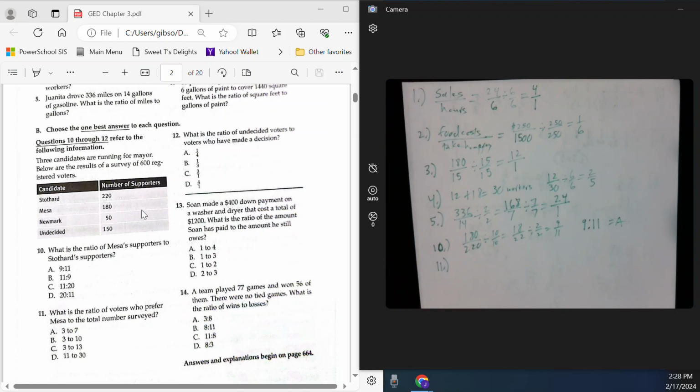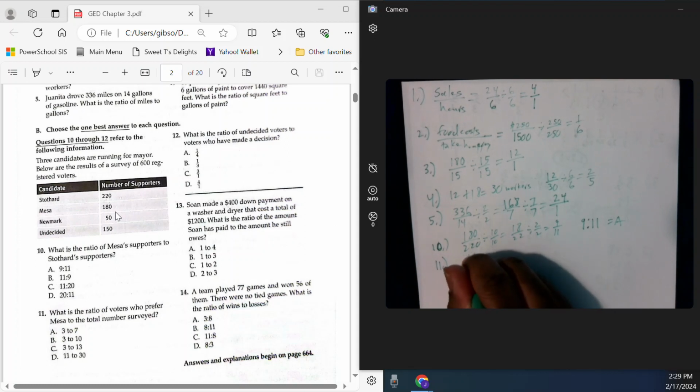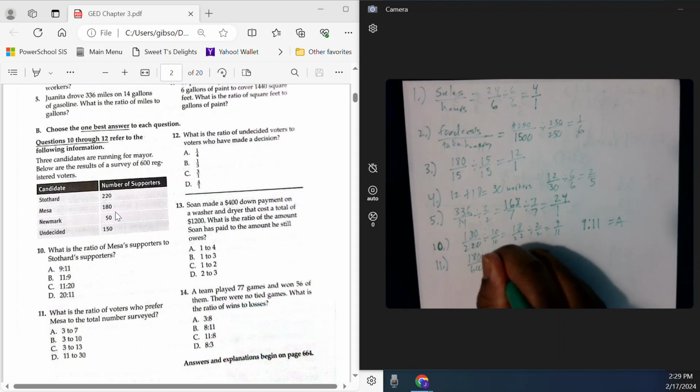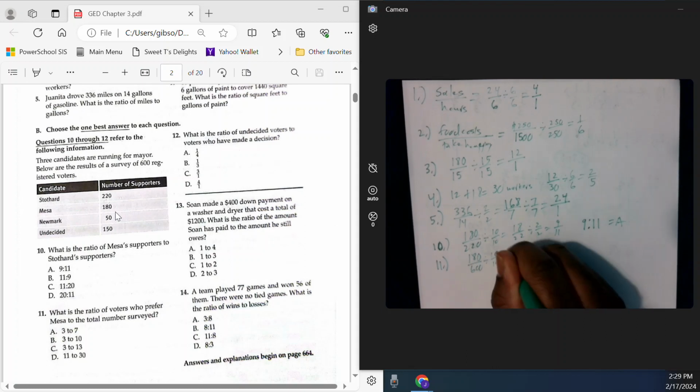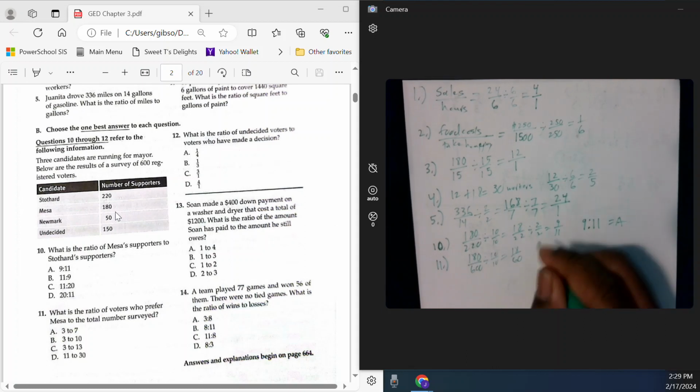Now it says here, what is the ratio of voters who preferred Mesa to the total number surveyed? Now we're told that the total number surveyed is 600. So we would take Mesa, which is 180, and divide that by 600. So now we divide both by 10, and we had 18 over 60. We could divide both by 2, and that would give us 9 over 30.